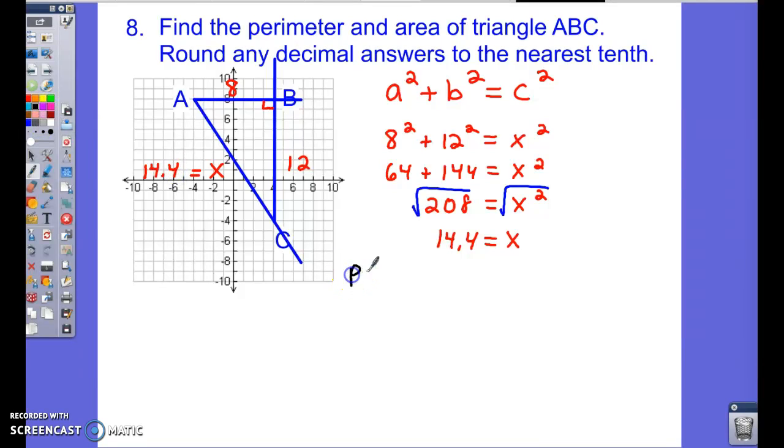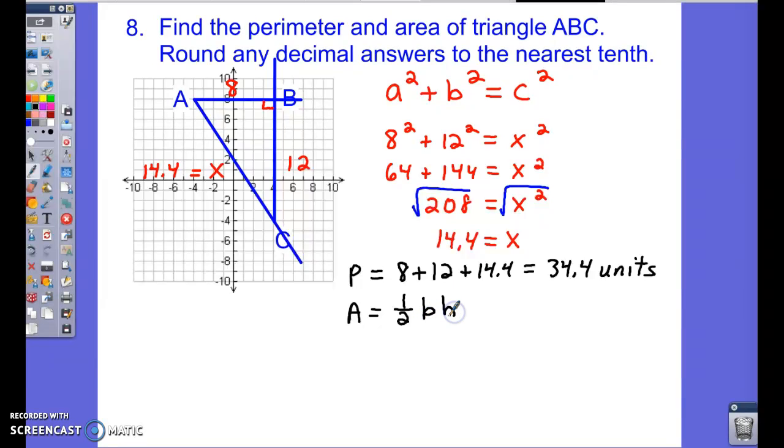For the perimeter, we simply add up all three side lengths. We're doing 8 plus 12, plus that 14.4 that we just found, for a total of 34.4 units. For the area, the formula is 1/2 times the base times the height.